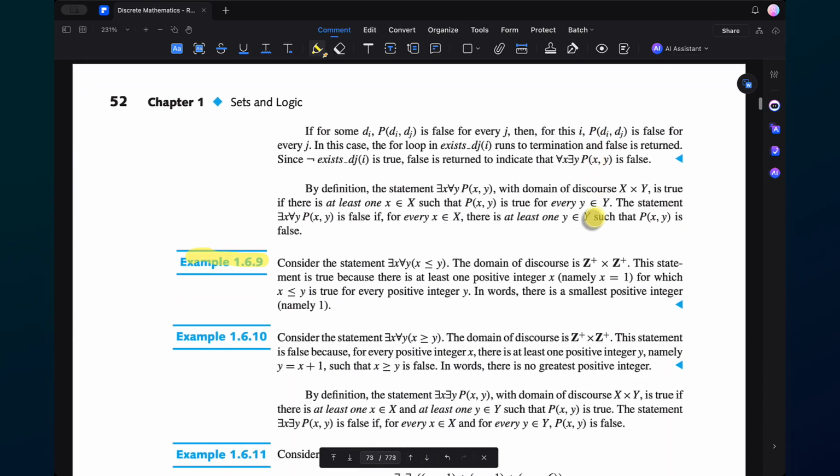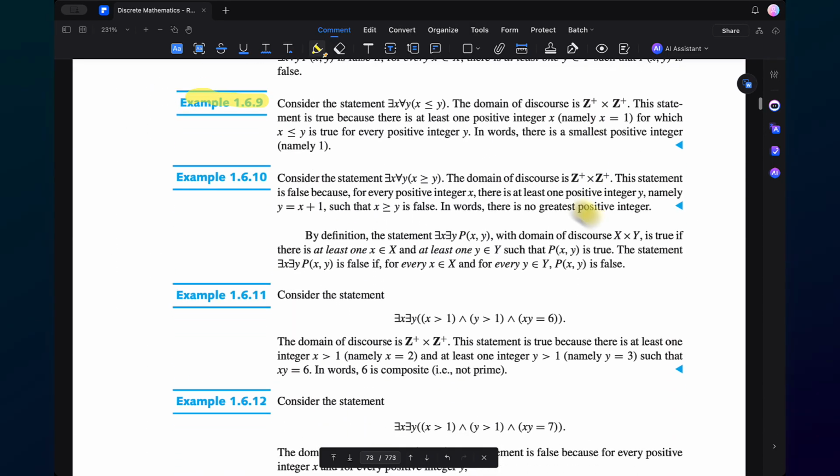Let's look at another one. Consider the statement: there exists an x such that for every y, x is less than or equal to y. Now, we need to know what the domain is. The domain of discourse is the positive integers.